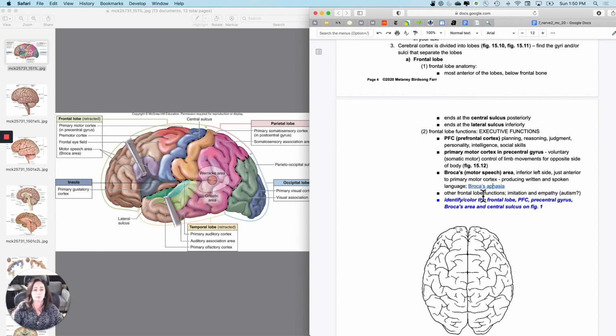So other frontal lobe functions. The frontal lobe also seems to be part of how we learn to empathize with other people. How I know that when you fall down, it might hurt you because when I fall down, it hurts me.